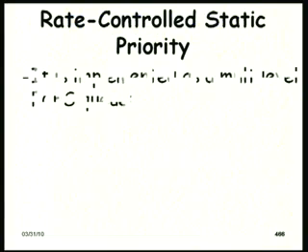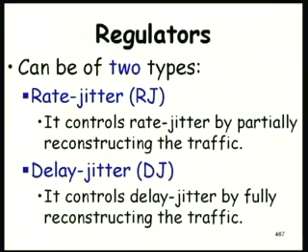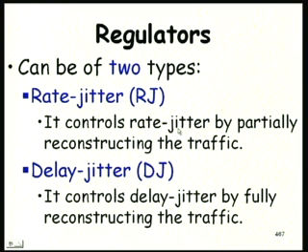So, let us see here. The scheduling algorithm here is a multi-level FCFS queue and serves packets in order of their priorities. As far as the scheduler is concerned, nothing too much to discuss here, but the regulator can be of two types, the rate jitter or a delay jitter type of regulator.